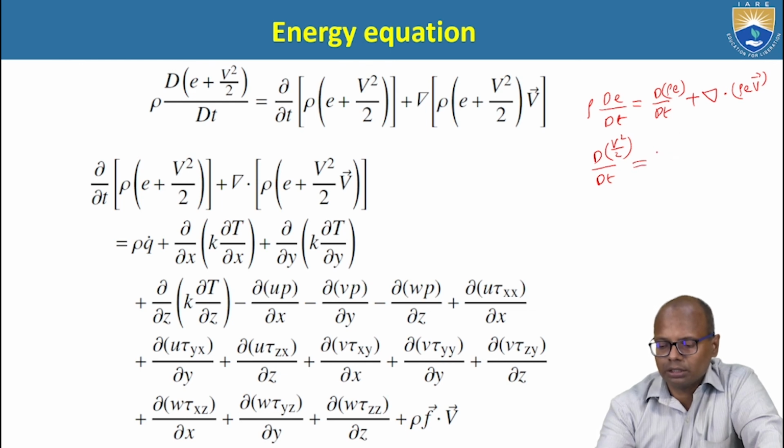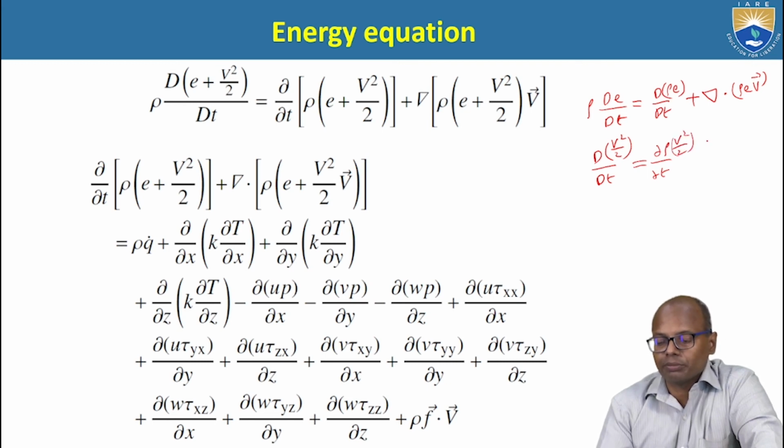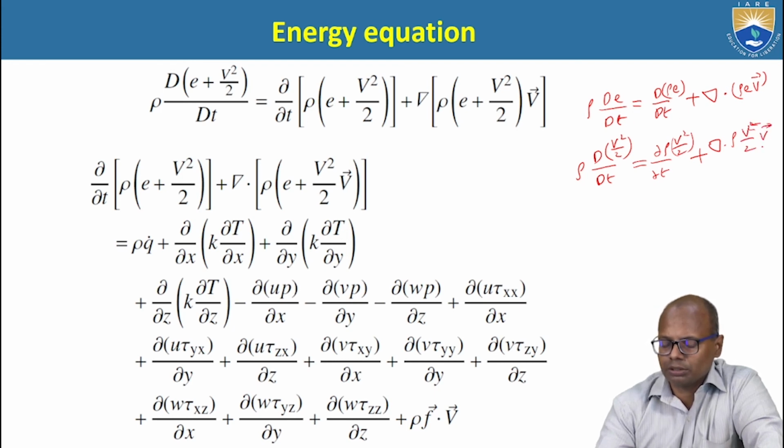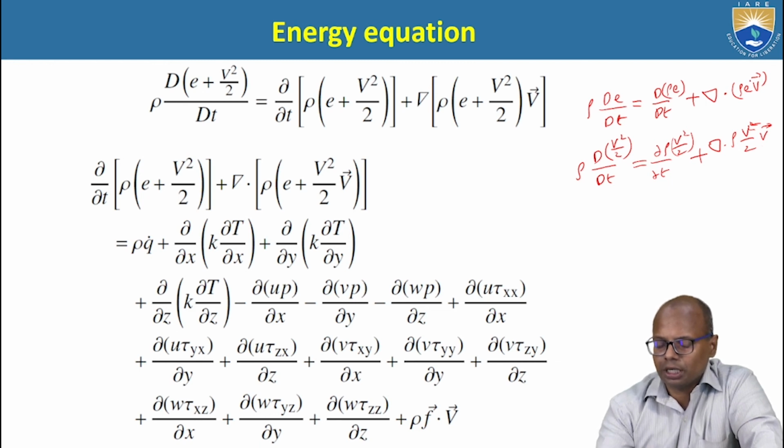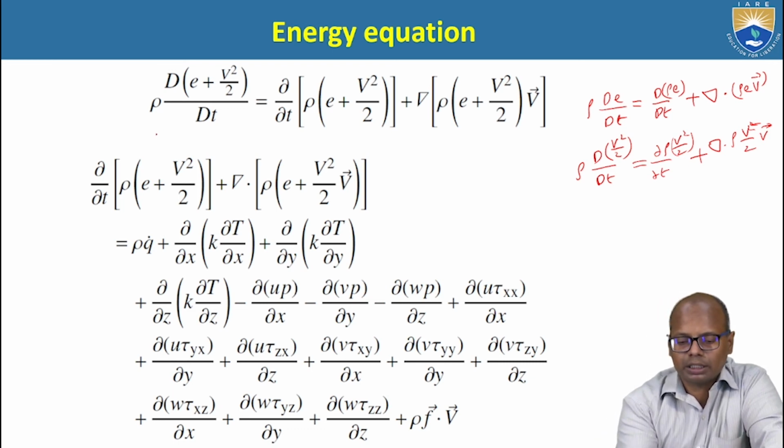I can write dou by dou T of rho V square by 2, plus del dot rho V square by 2 V bar. Similarly, instead of E I am putting V square by 2. If I put V square by 2, it will become like this. If I add up these two, I will get this equation.